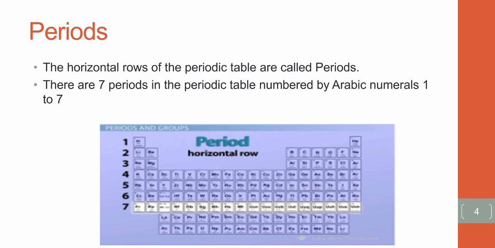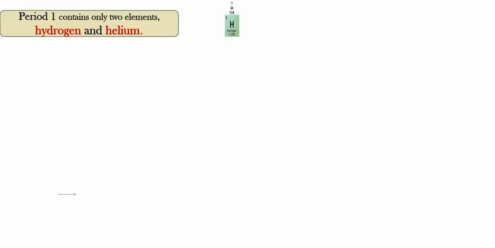So on the picture the numbers 1, 2, 3, 4, 5, 6 and 7 represent periods in the periodic table. Next जो है बात कर लेते हैं कि जो आपके periods हैं उनमें कौन कौन से elements हैं.